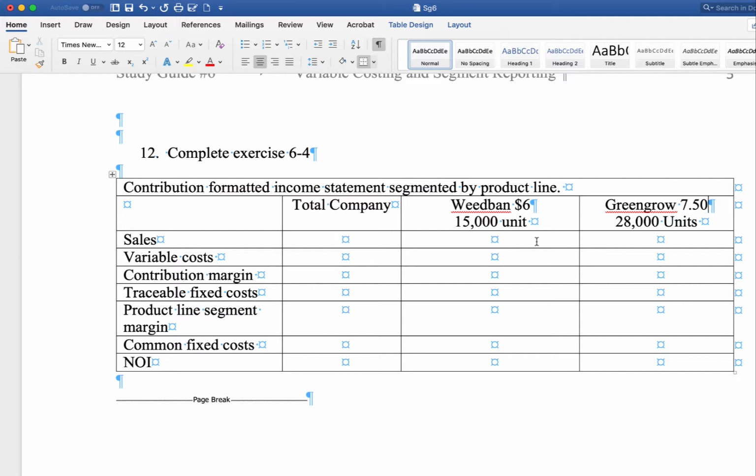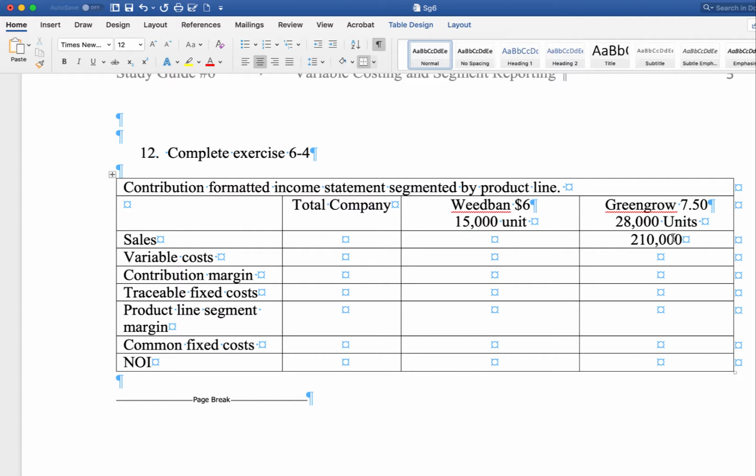So we need to figure out what our sales are for weed ban, green grow, and then the total company. So the sales for green grow, $7.50 per unit times 28,000 units. That gives me sales of $210,000. Okay, it's pretty easy. For weed ban, do the same thing. What are the number of units we sell for weed ban? 15,000 units times the unit selling price of $6.